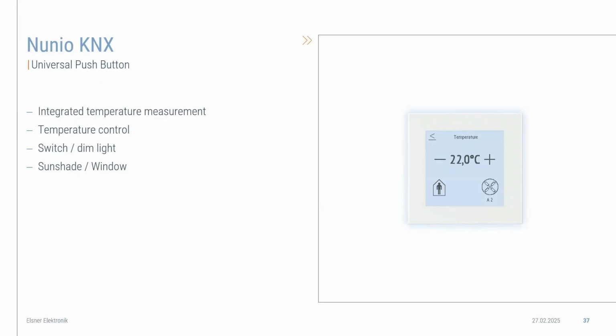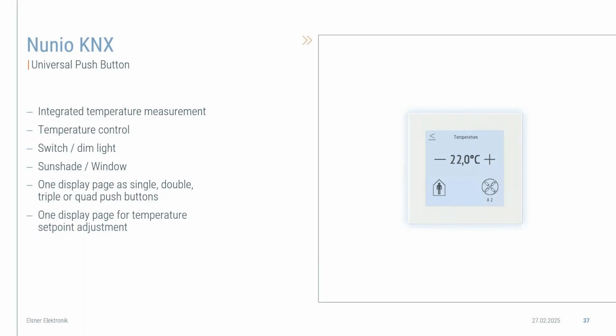On the other page you can set up a display for the temperature and the set point adjustment. Plus you have the fan coil control, and you can also do a manual changeover of the HVAC objects. Also, it's on the cost efficient side when it comes to pricing for KNX products made in Germany.